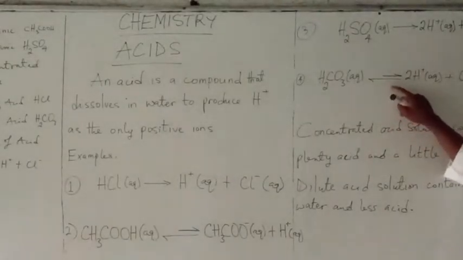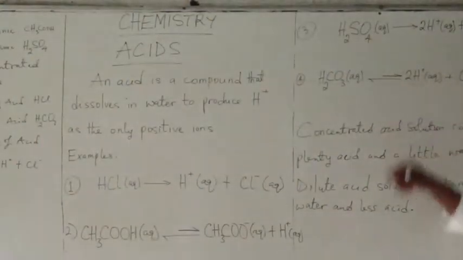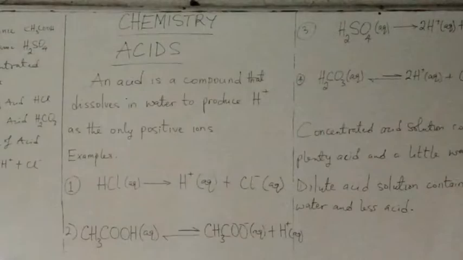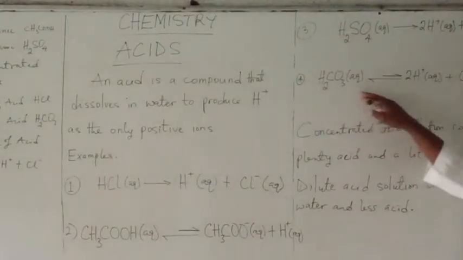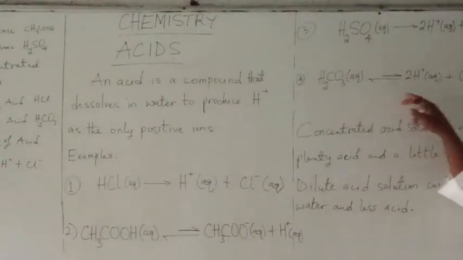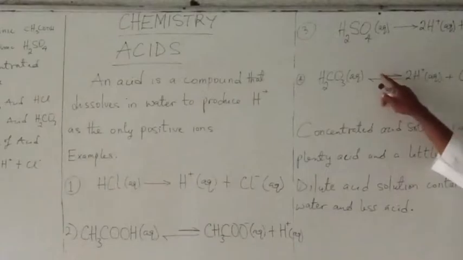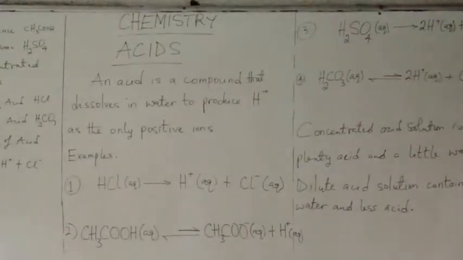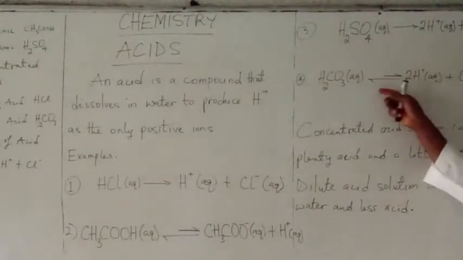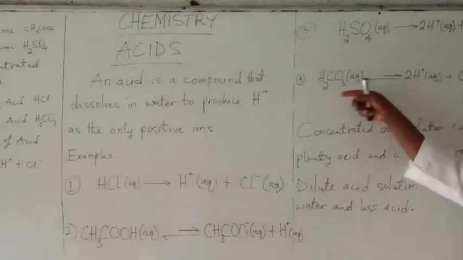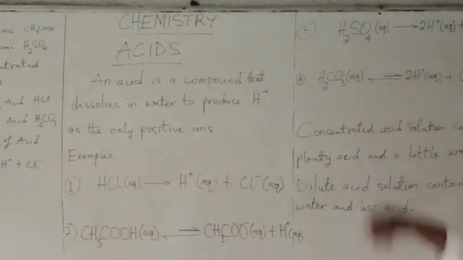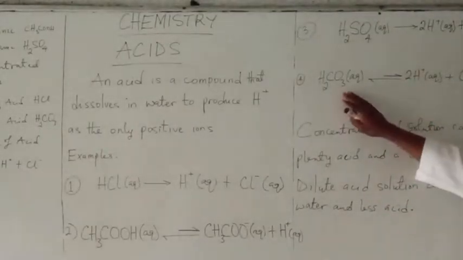Did you notice the 2 lines here? One is pointing forward, the other one is pointing backward. What does that mean? It means the dissociation of this acid is reversible. Do you know why one line is shorter than the other one? The longer one means that the reaction moves this way more than the shorter one. That means this is a weak acid.